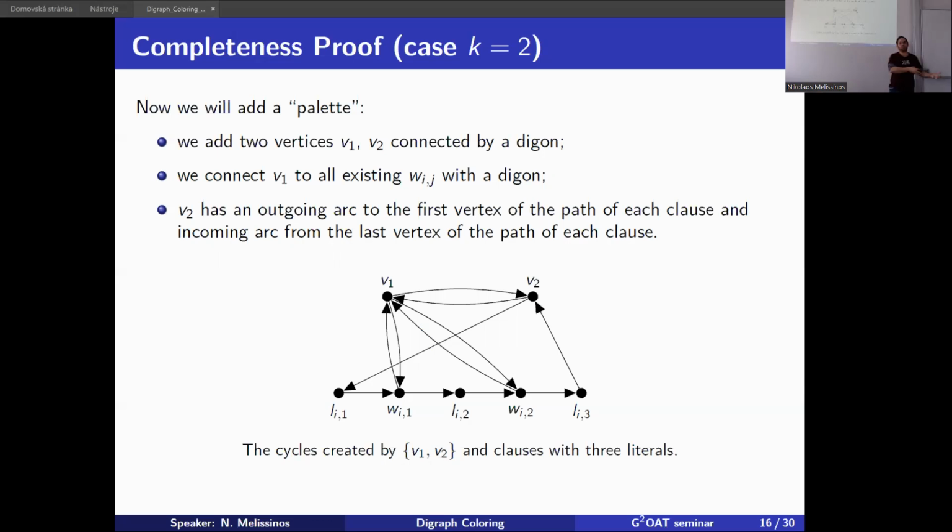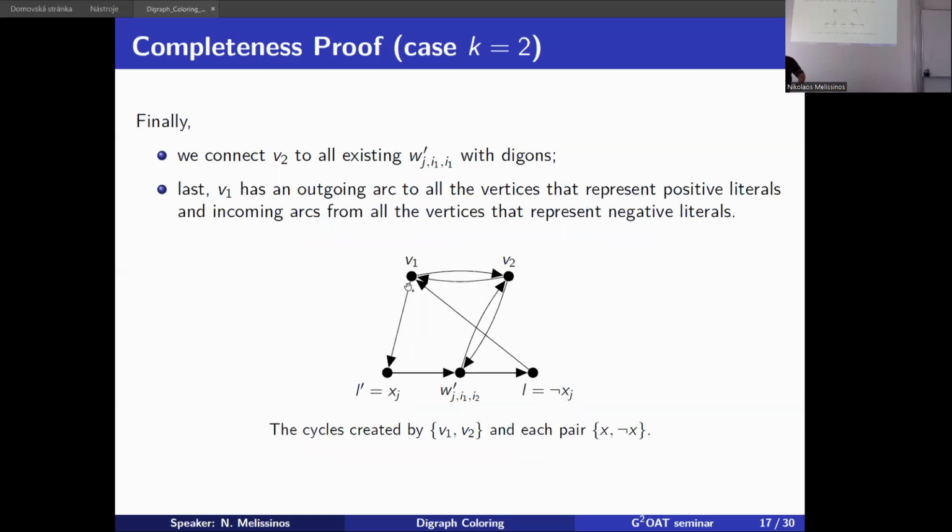And what we're going to do is force one color to represent the true literals and one color to represent the false literals. How? First, with the horizontal paths, we are forcing a cycle that includes the second vertex of the palette. You can see that we have this cycle here, and we connect all the middle vertices with the other vertex.